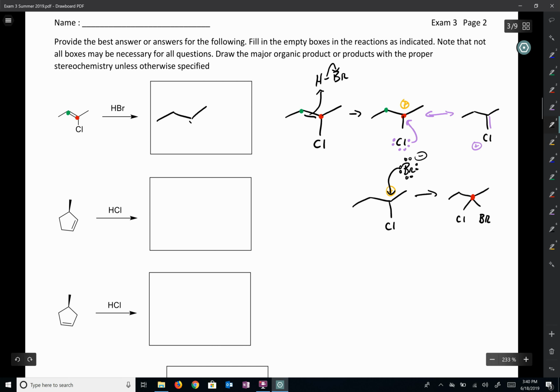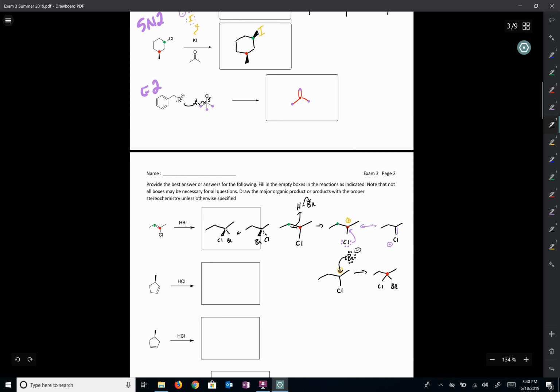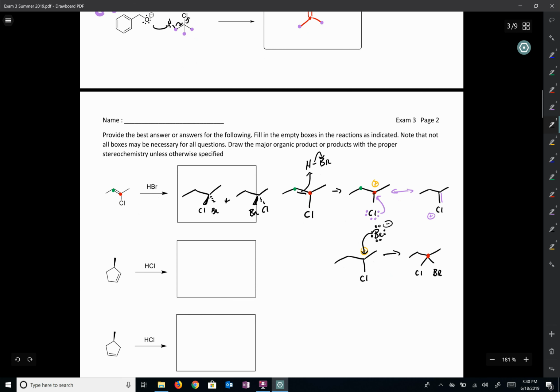Oops, I meant to do that wedge and dash. So wedge, dash, ClBr, wedge, dash, BrCl. Either one of those. Well, I shouldn't say either one of those. Both of those are going to get formed. Just trying to capture everything on the screen here.